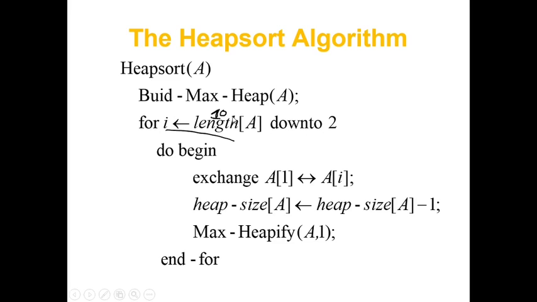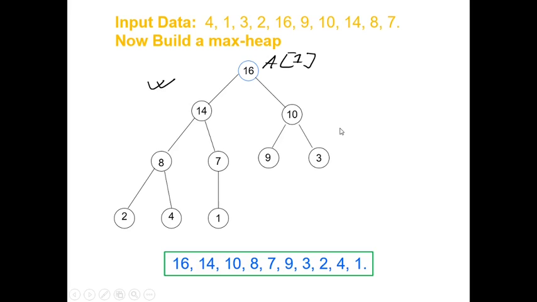That means 10, 9, 8, 7, 6, 5, like that it will go and decrement until 2. So here you see A[1], and the length of the array is 10, so it is the 10th index value. So A[1], A[2], A[3], A[4], like that. So this is 10th.